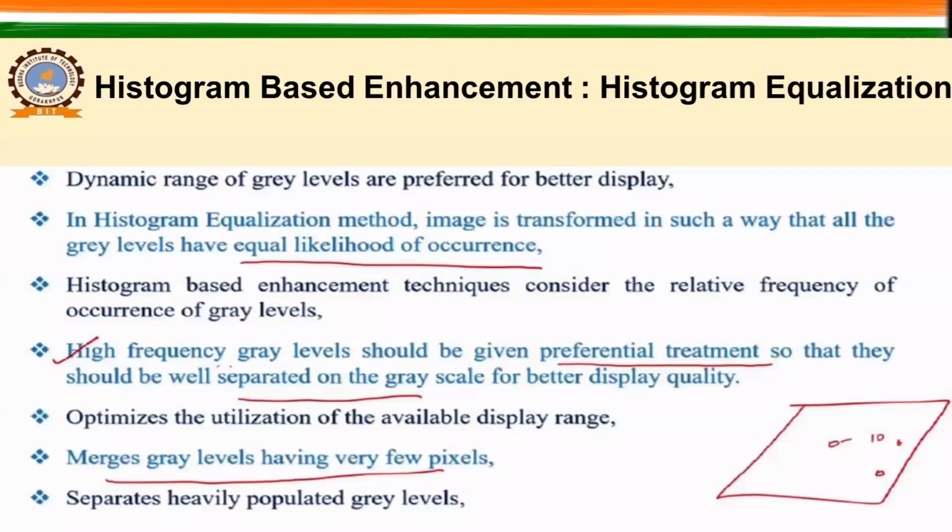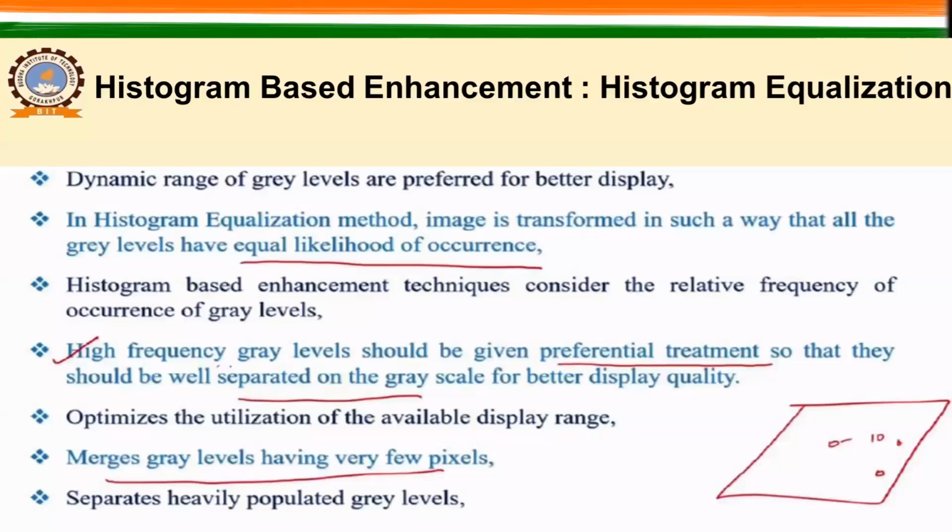Because sometimes in your image there are few pixels only, like DN number 10, and the frequency of this DN number 10 is maybe 4 or 5. So do you really need to worry about those 4, 5 pixels? No, out of 1000 by 1000 pixels, you have 4 or 5 pixels of that DN value. That is not going to matter.